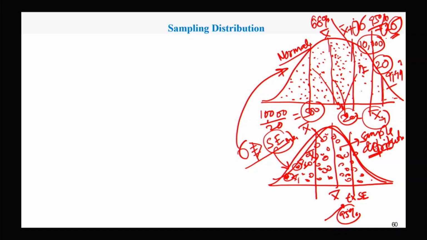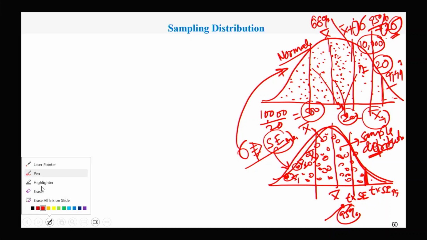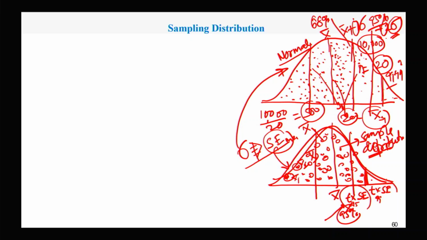So t at 95% level, t into SE, and at 99%, it is t95, t99, like this. t at 95% level, t at 99% level. In this way it goes. So these are the basic differences between the sampling distribution and the normal distribution.